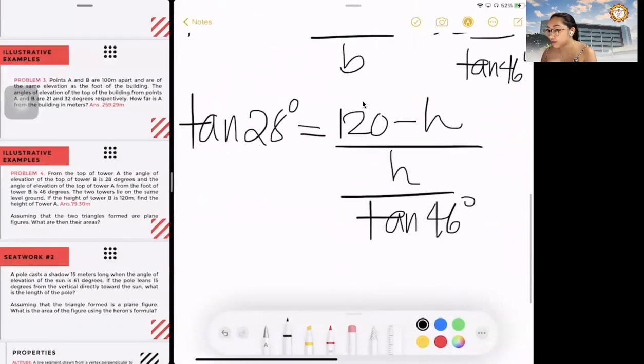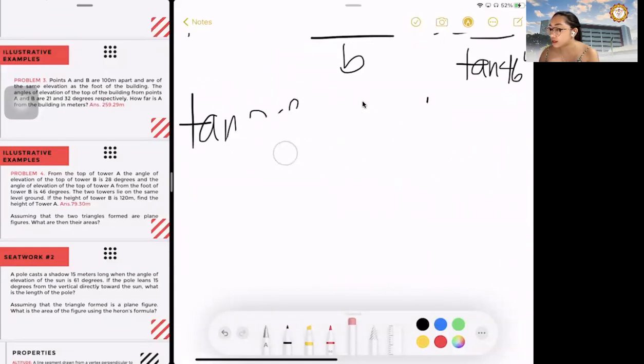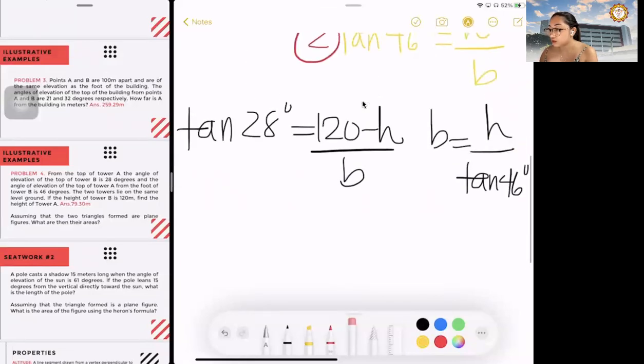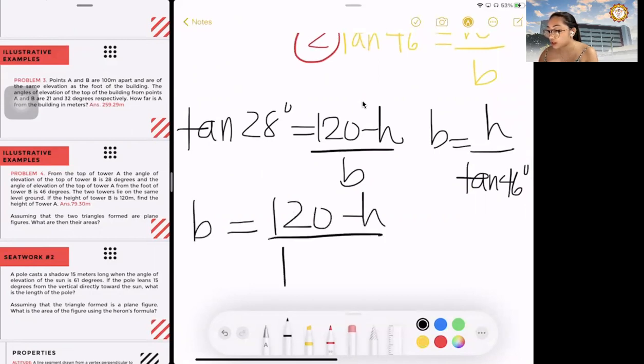So, let's simplify it first so you won't be confused. Let us simplify the first equation first. So, b is equal to 120 minus h over tangent of 28.